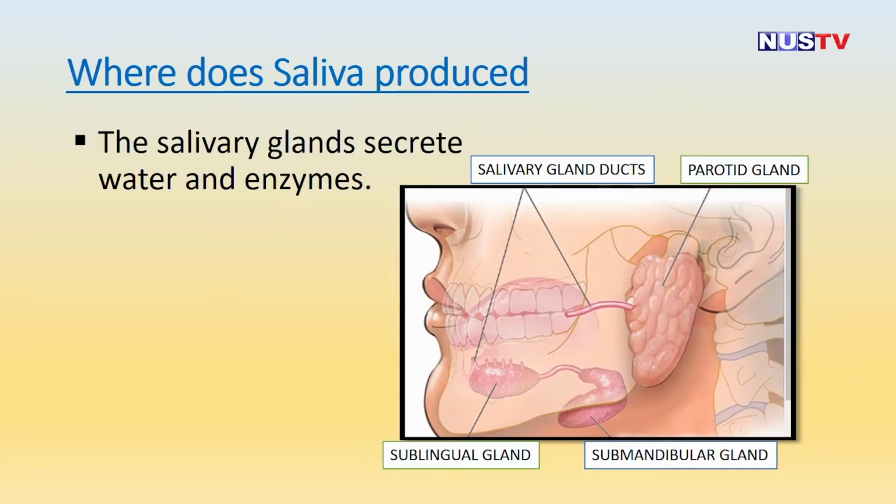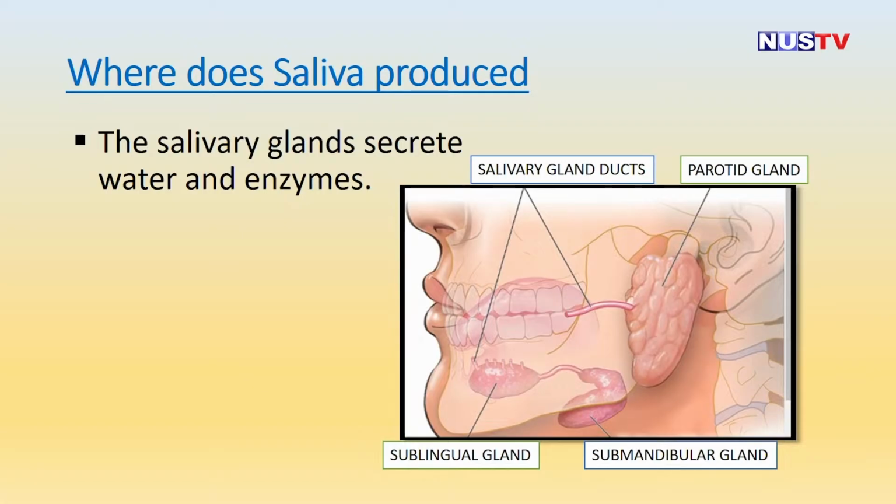On the other hand, we need to understand where the saliva is produced. Do you know that? Inside our mouth, there are parts called salivary glands. There are 3 main salivary glands. You can find some in front of your ears, beside your cheeks.